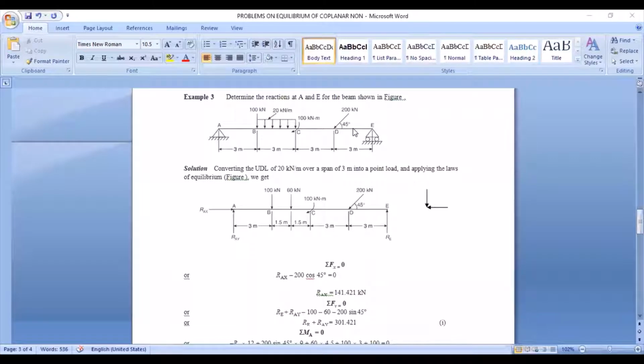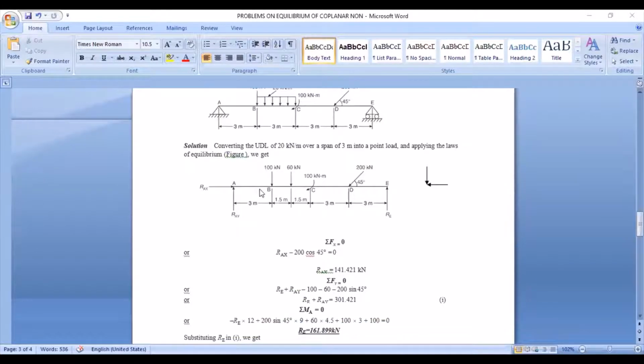Now, with this data, first we shall proceed to draw a free body diagram wherein we are going to draw the actions and reactions. We all know that actions are nothing but the external loads which are acting on the object, whereas reactions are the substitutions for supports.